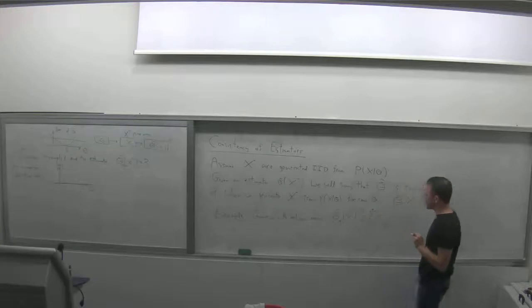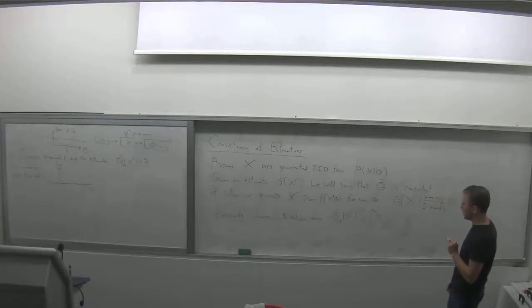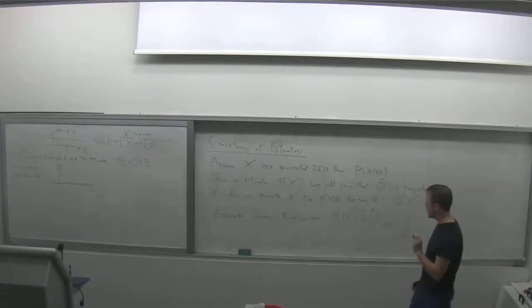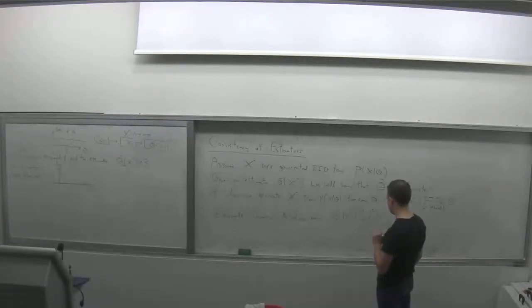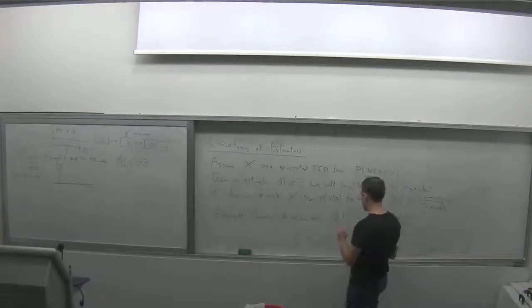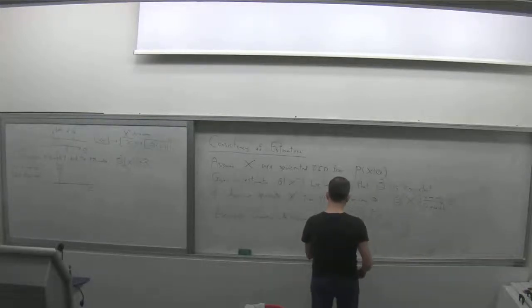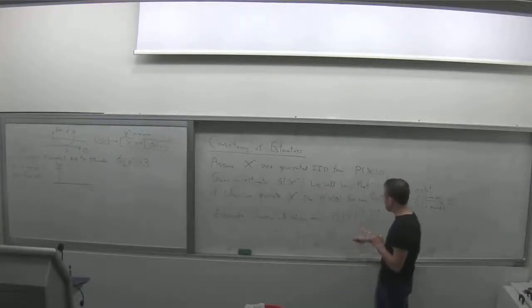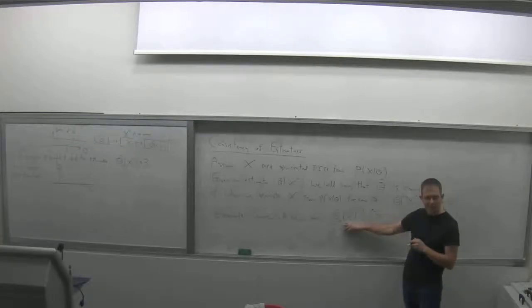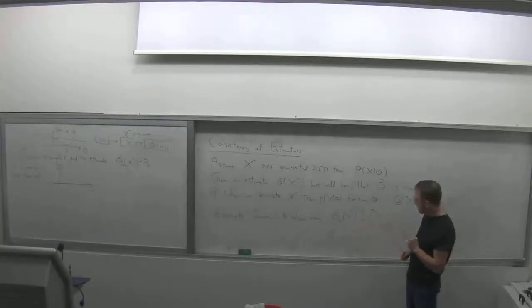In this case, it's very easy to analyze. Let's do it carefully. What is this thing? It's a random variable. What sort of random variable is it? It's a sum of n variables.